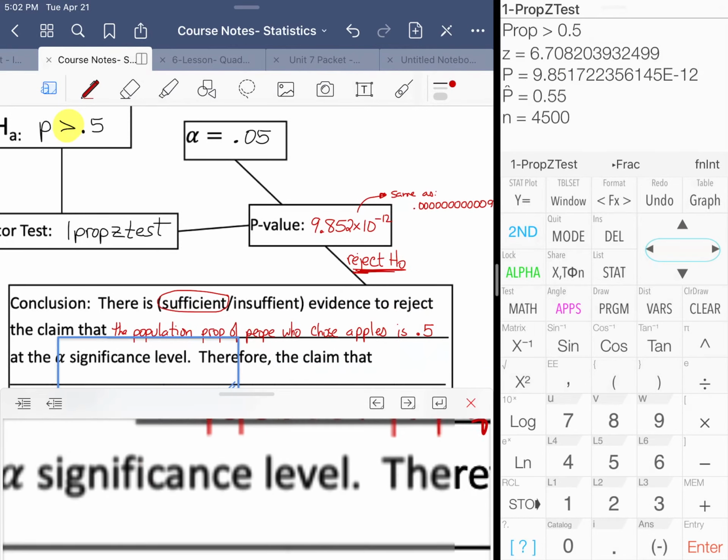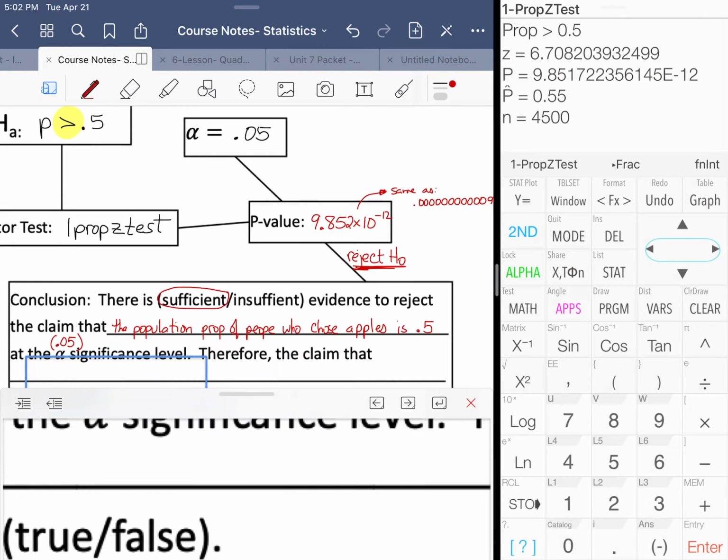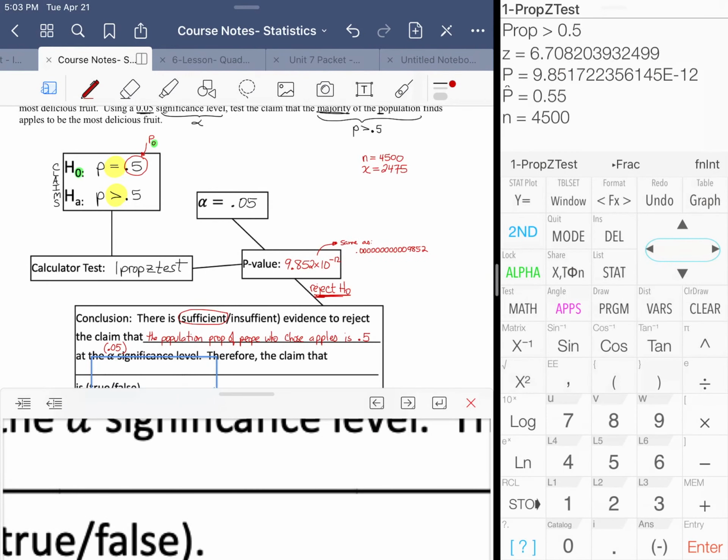It's not going to be a literary masterpiece. At the alpha significance level. I meant to leave a blank here. At the 0.05 significance level. So we're going with doing it that way. The alternative hypothesis is that p is greater than 0.5, but we got that by identifying what mathematically a majority would be represented as.